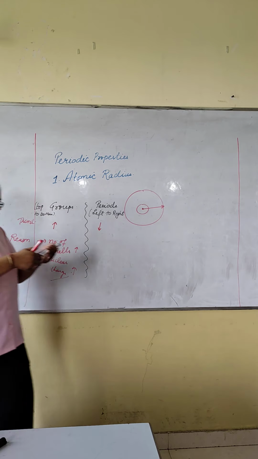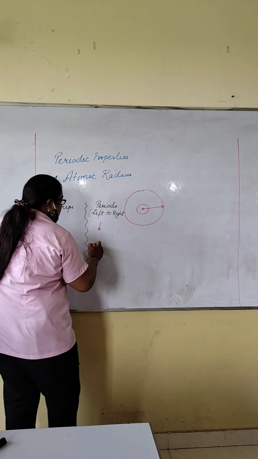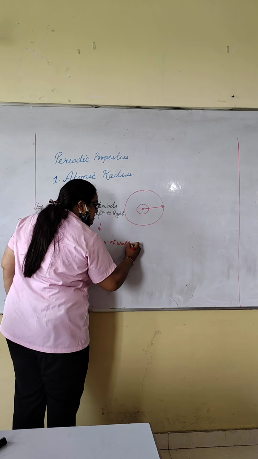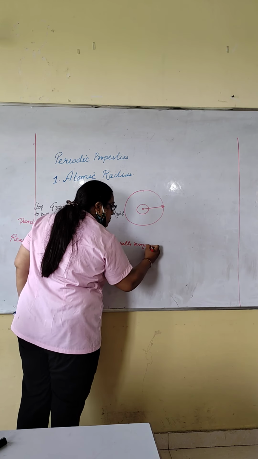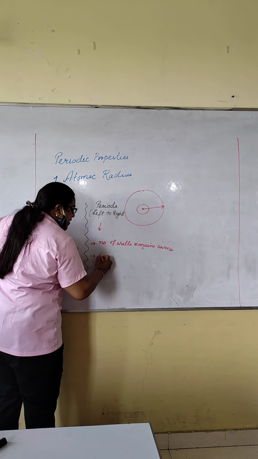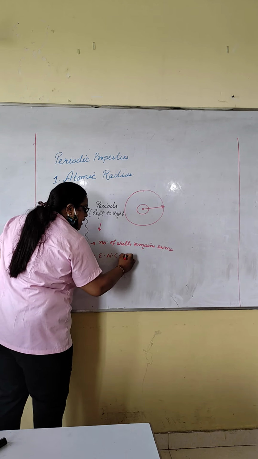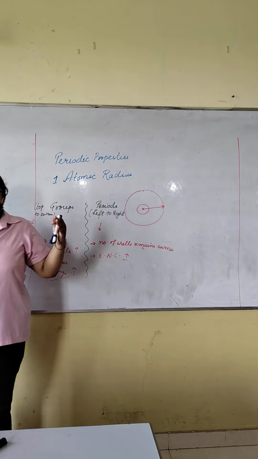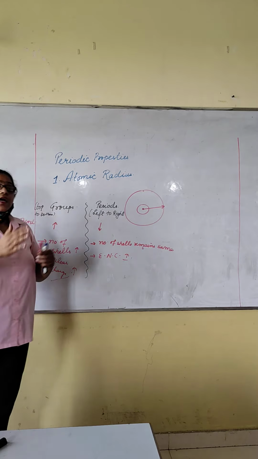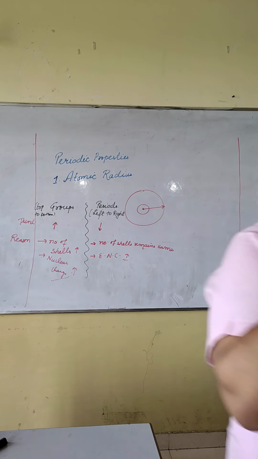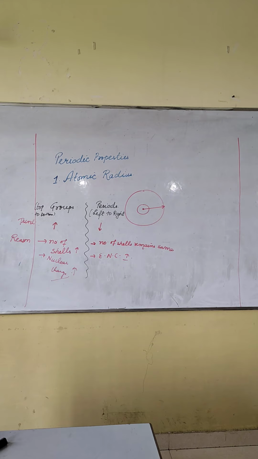Okay? Why does it decrease across a period? Because the number of shells remains the same and the effective nuclear charge increases. So effective nuclear charge increases, which means the force of attraction on the last electron also increases and thereby the size decreases.